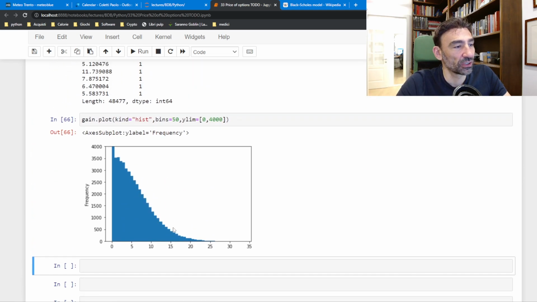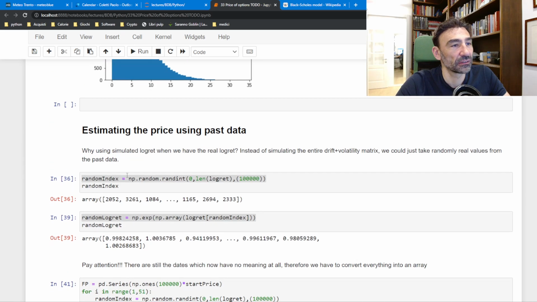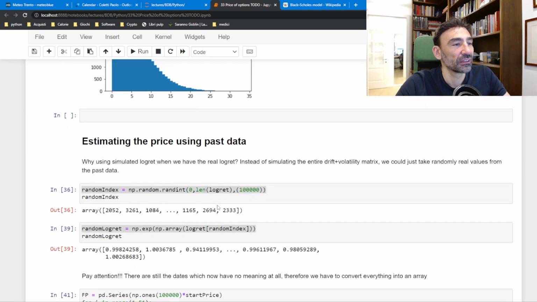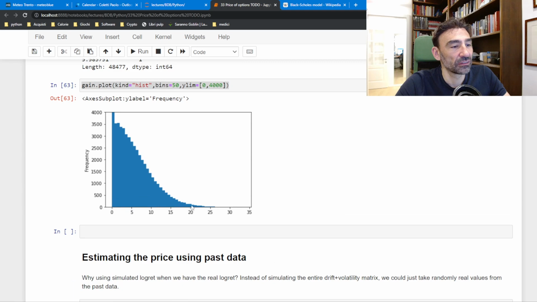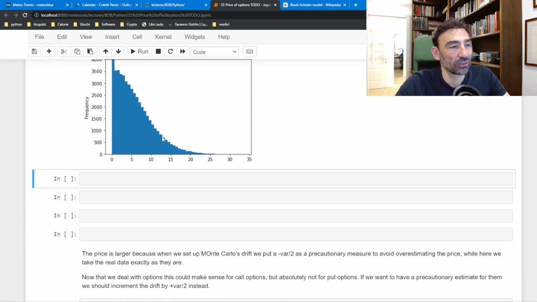The histogram is not so different. 3.5% here, and here the histogram 3.5%. And here we arrive at a tail. The tail is visible at 20, almost invisible at 25. And here the tail seems slightly lower. The tail seems to go down more strongly.